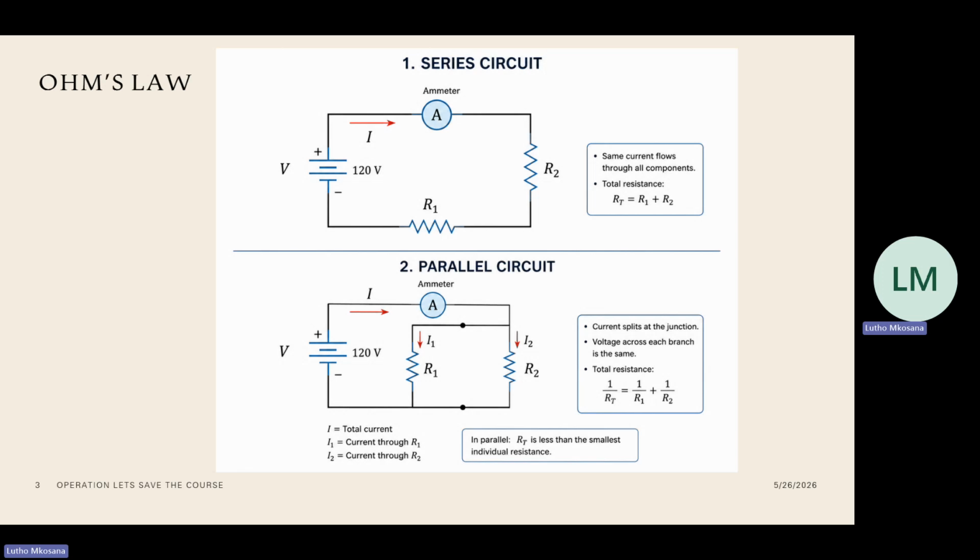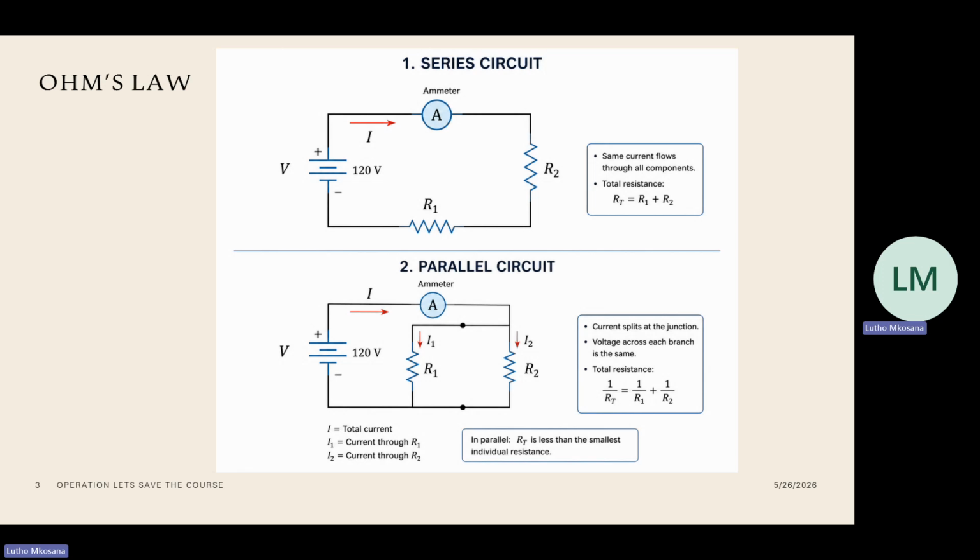Voltage T, which is the total from the supply, is equal to VR1, which is equal to VR2 as well. And the total resistance of the circuit is calculated by 1 over RT is equal to 1 over R1 plus 1 over R2.